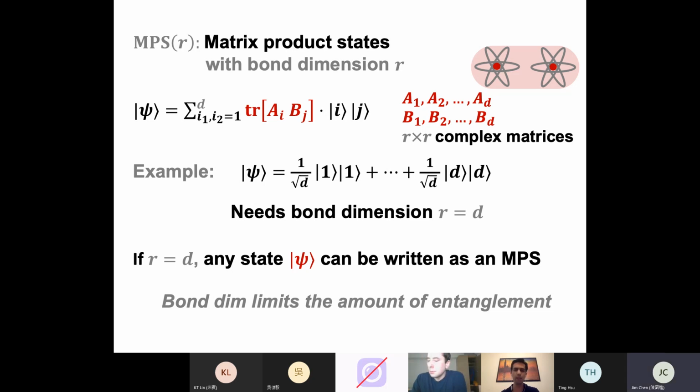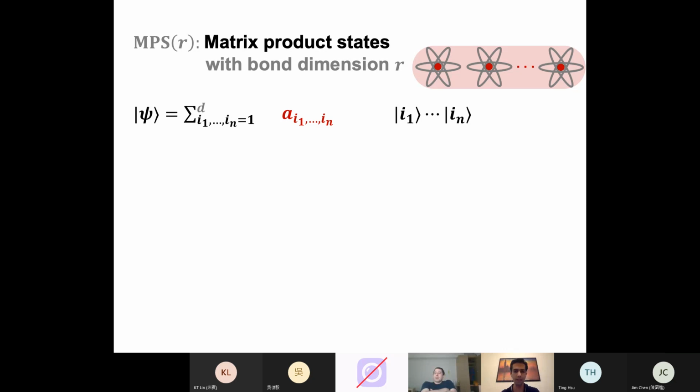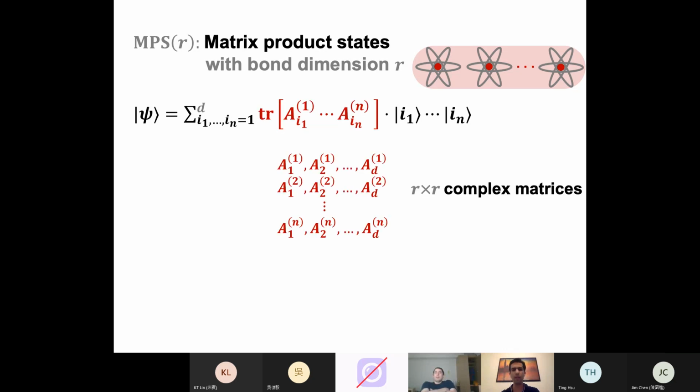So this was all about describing the state of two qubits, but everything naturally extends also to the general n case. So now the coefficients we deal with are the trace of n matrices multiplied together. And these matrices don't necessarily commute with each other, so their order actually matters inside the trace.